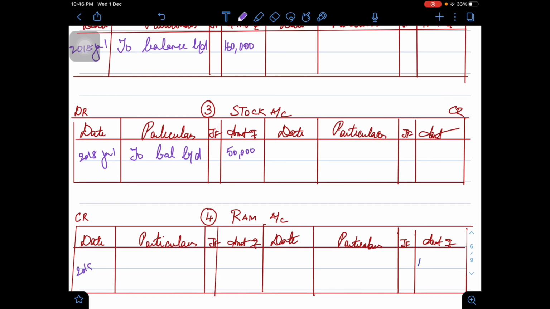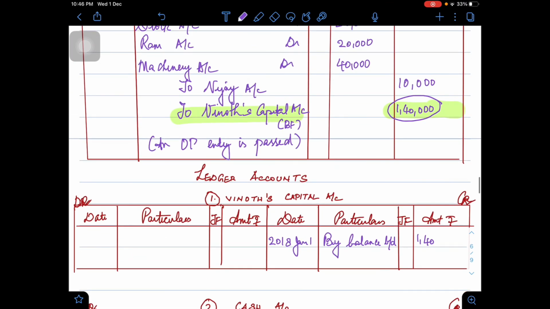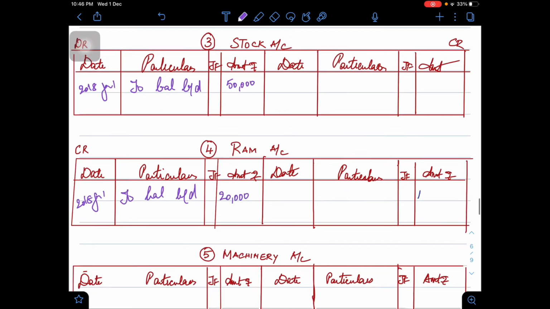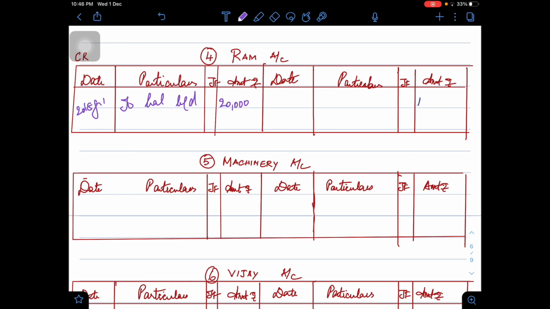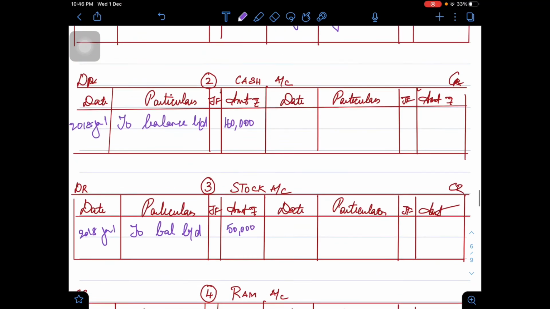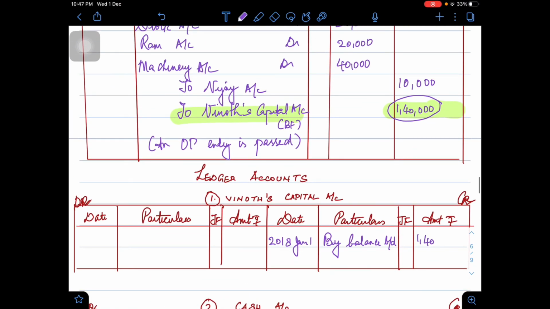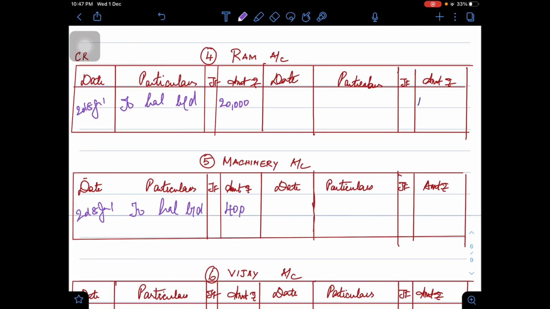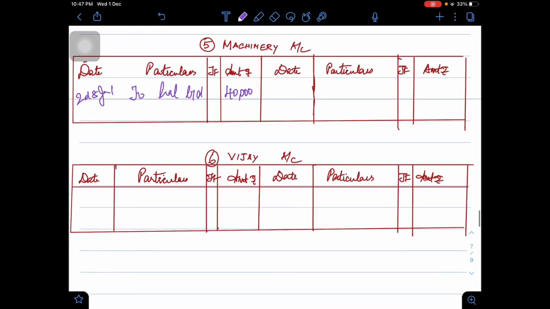Similarly, Ram, 2018 January 1, I say to balance brought down. For Ram the amount is 20,000. Machinery is also an asset. So I say, to balance brought down, machinery value is rupees 40,000. And Vijay is a creditor, so we will show it on the credit side.